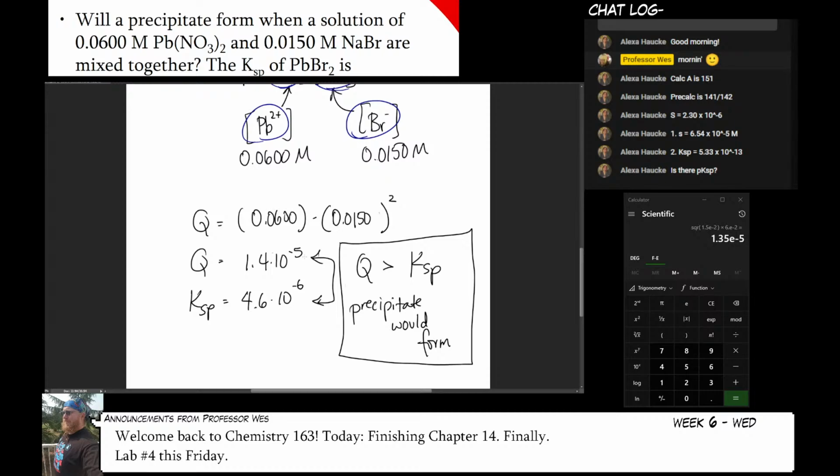Now, what would not form a precipitate? Well, if I did this, so if I were to do this change right here, then this becomes like that, and then this would become a 6. And now, oh, it's less than KSP.